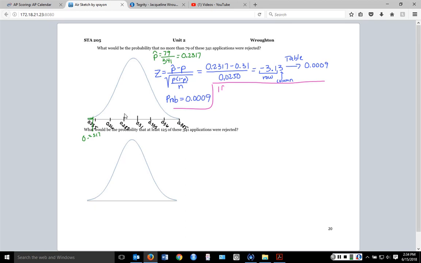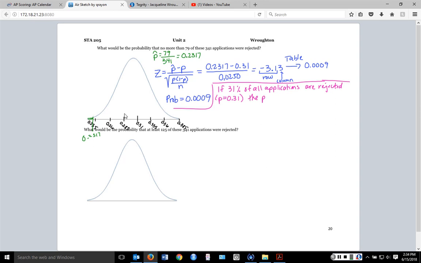So if 31% of all applications are rejected, because that is what they told us at the very beginning of the problem, this is basically saying we're going to use a p of 0.31.